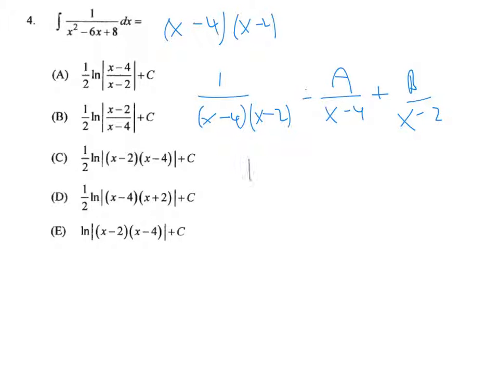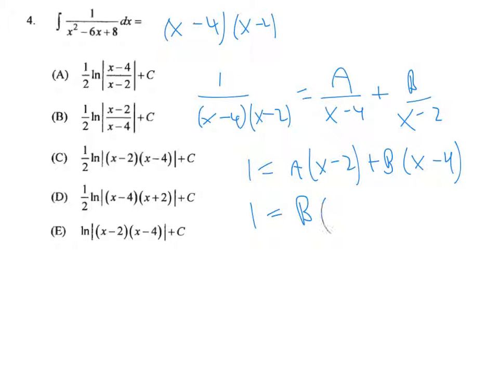And if I clear the fractions, I get 1 is equal to A times (x minus 2) plus B times (x minus 4). And if I am clever with what I plug in, I can plug in x equals 2, and if I do that, I get 1 equals B times negative 2, so B equals negative 1/2. And if I plug in 4 for x, I get 1 equals 2A, so A is equal to 1/2.